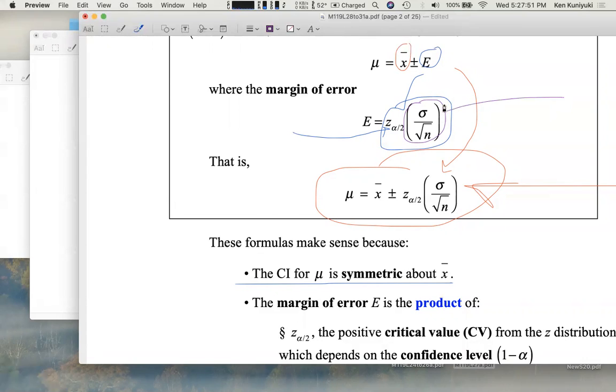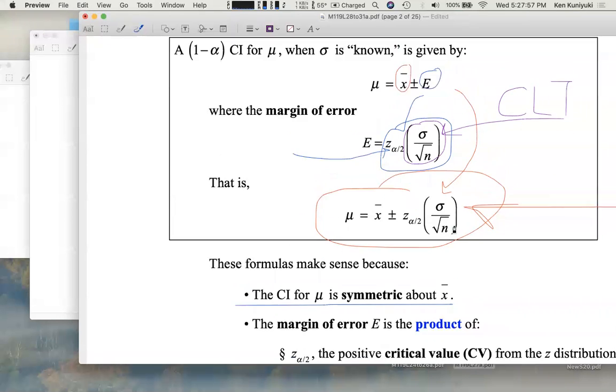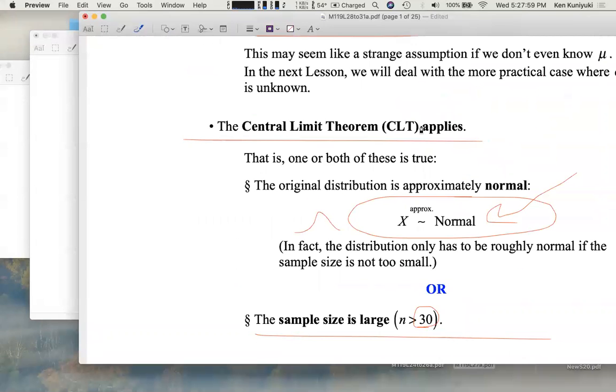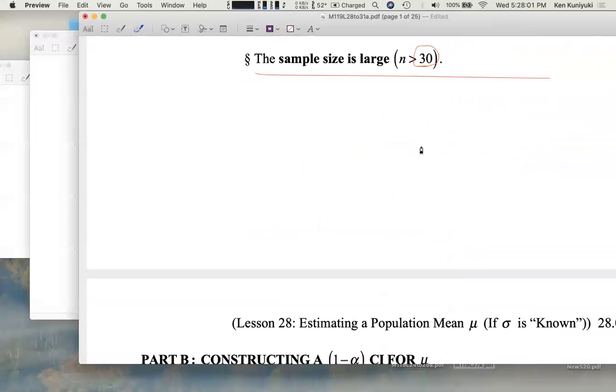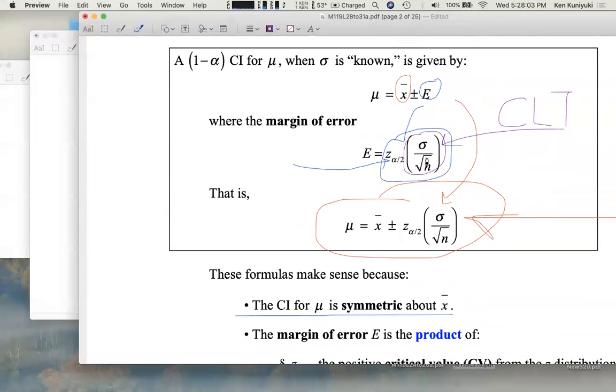That came from the CLT. That's why we had to make sure that the CLT even applied in the first place. Because, remember, this is the standard error for the mean. The standard deviation of that x bar distribution we were talking about way back when. All right, sigma over root n.